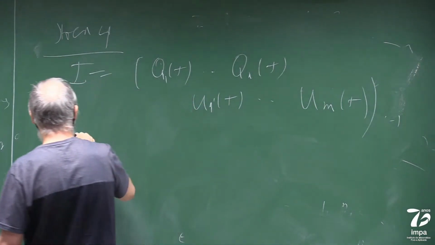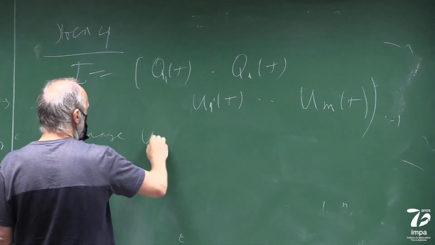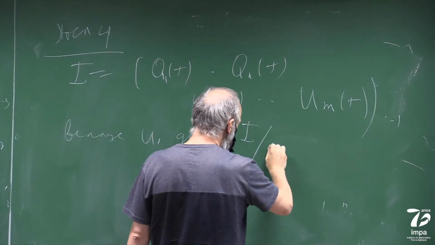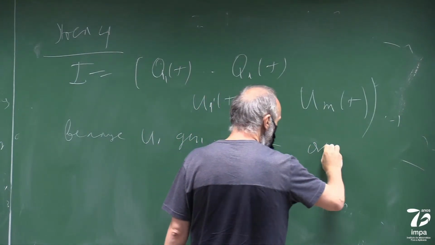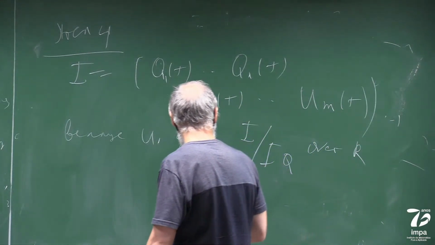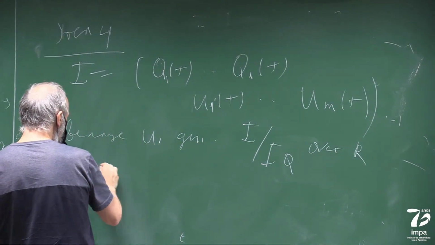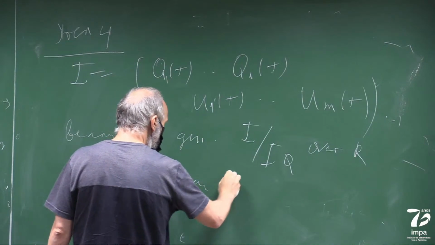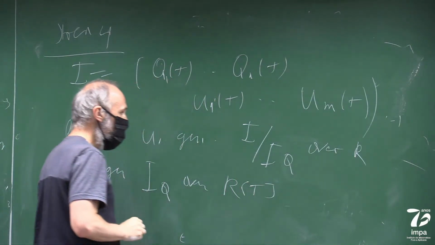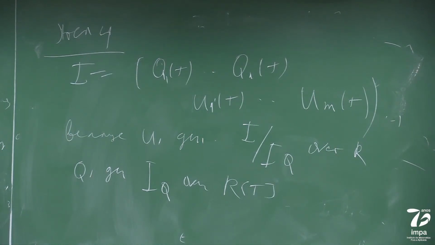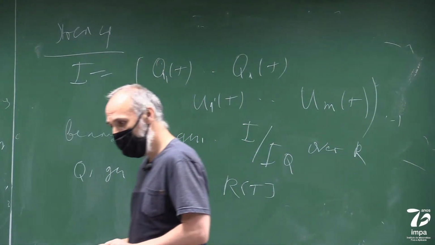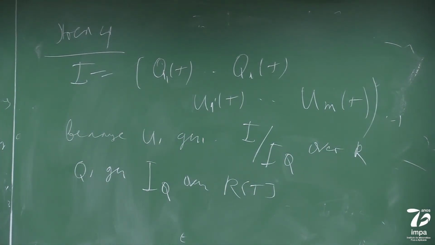Indeed, the ui generate I quotient by IQ over R, and then over R of t, of course. And the Qi generate IQ over R of t. So together, this set of generators is a finite set of generators for I. This finishes the proof of Hilbert's basis theorem.